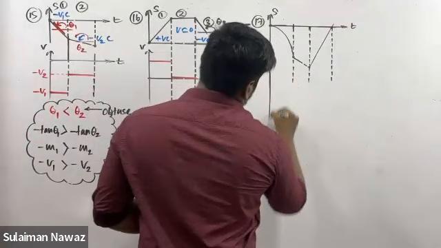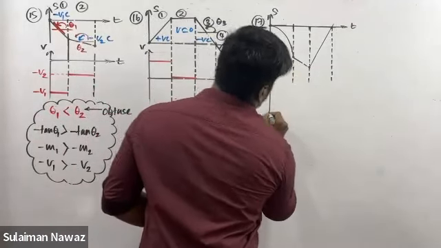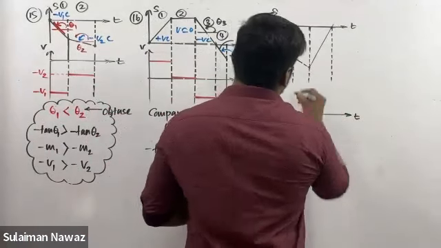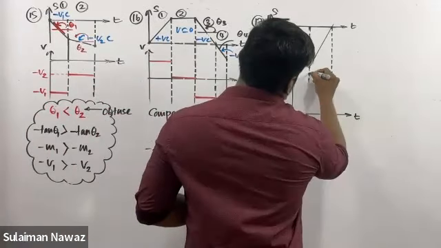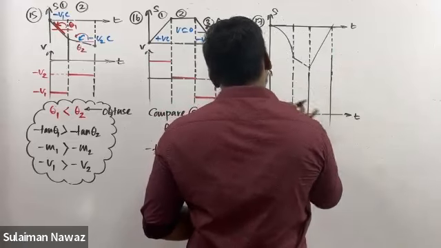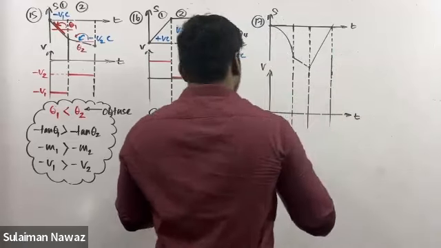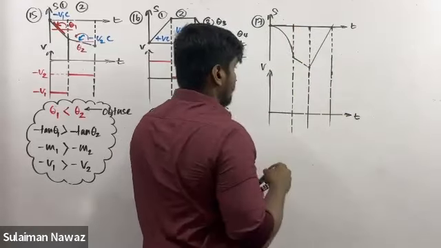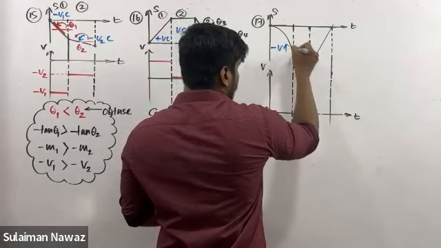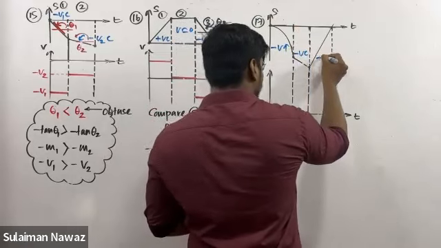If I draw the VT graph. Now obtuse angle is decreasing. That means negative velocity increasing. Obtuse angle constant, negative velocity constant. Acute angle constant, positive velocity constant.